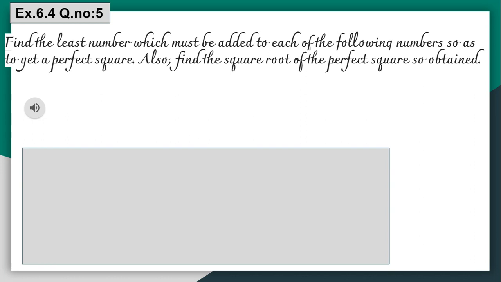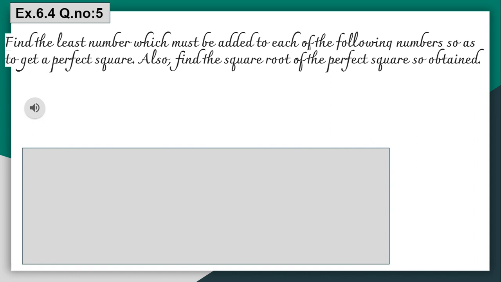That means we have to find how much number we have to add to the given number so that it becomes a perfect square, isn't it? So for that, it's a number greater than the given number. So how could we get it? First, we have to find the perfect square number that is less than our given number.